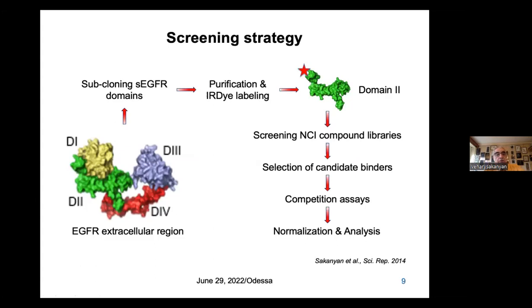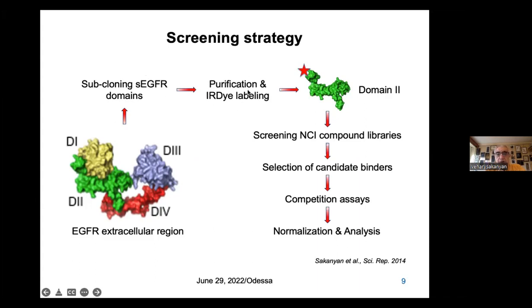Now, to study EGFR, because we were very much interested in the development of anti-EGFR therapeutic small molecules, we decided, first of all, to subclone the extracellular region, supposing that it is the most important part of the EGFR.